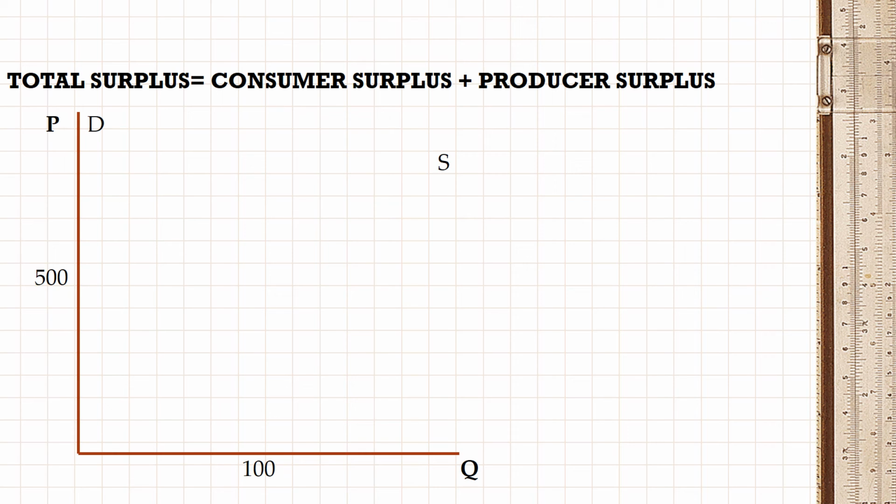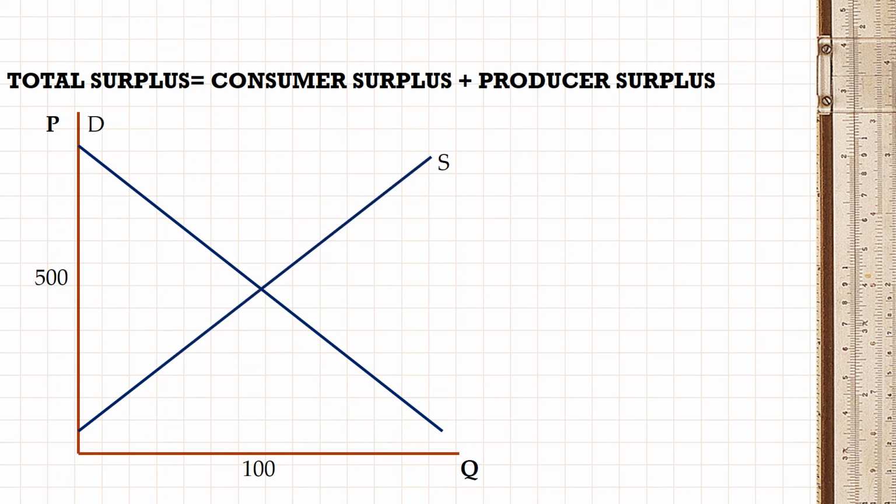Total surplus helps to measure the efficiency or economic well-being in the economy, which is computed with the formula consumer surplus plus producer surplus, which is very simple. As you're clear on both of these concepts, we can have both curves, the demand and supply, and consumer and producer surplus in one graph. So as you know, free markets are very efficient in resource allocation.